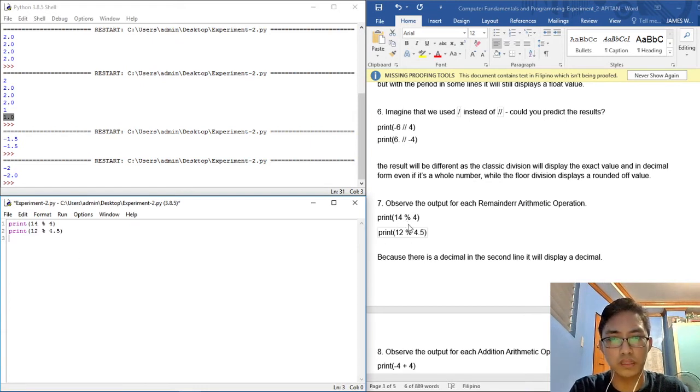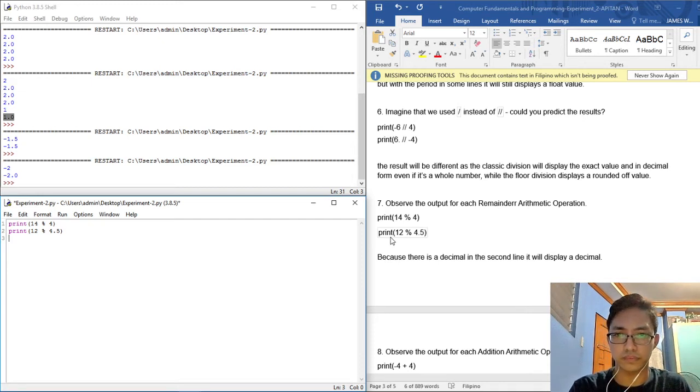First, I'll predict that 14 divided by 4 has a remainder of 2, while 12 divided by 4.5, 4.5 times 2 is 9, so the remainder will be 3.